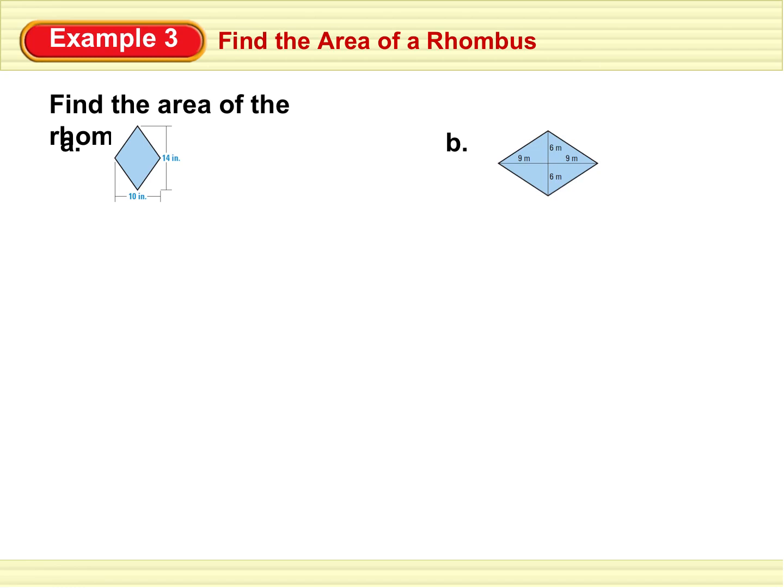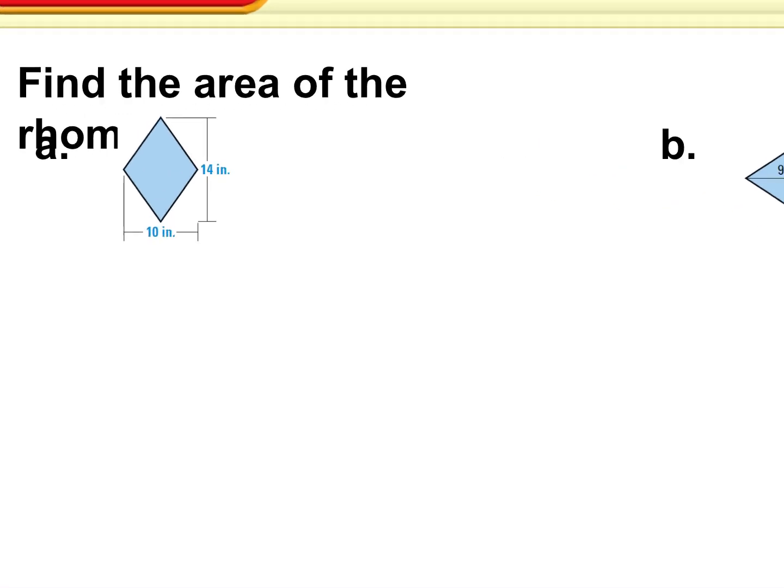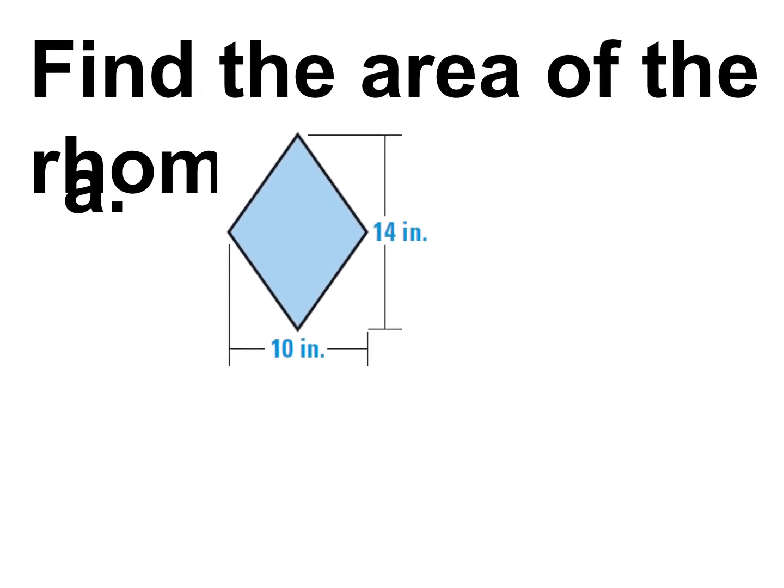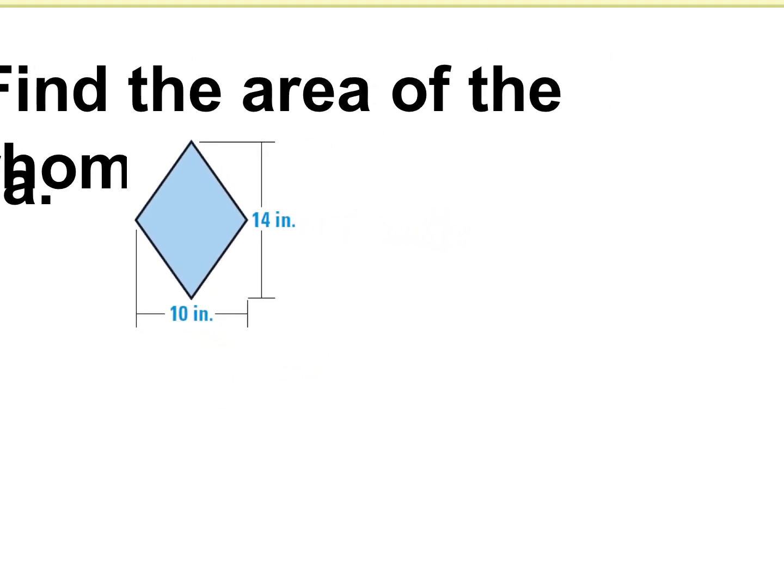Rhombuses. Okay, looking at this picture right here, let's take a guess at what the formula is for a rhombus. What do we think? Or is it a little bit more complex? What'd you say, McKenna? Multiply the numbers?